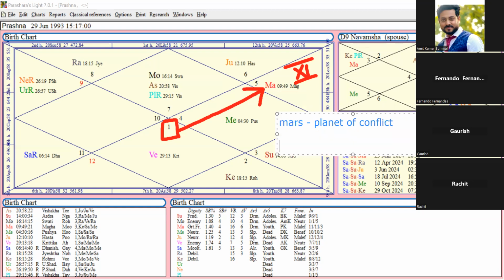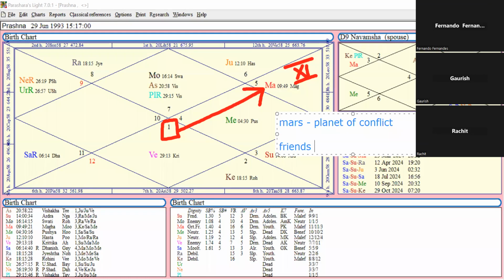So either because of her husband or a partner, there will be conflict with friends, or because of a conflict with friends, she might have problems in her relationship. Or maybe because she is not able to get along with people, she is still struggling to find a partner. Because Mars is in the house of friends, house of people, house of network, connections.